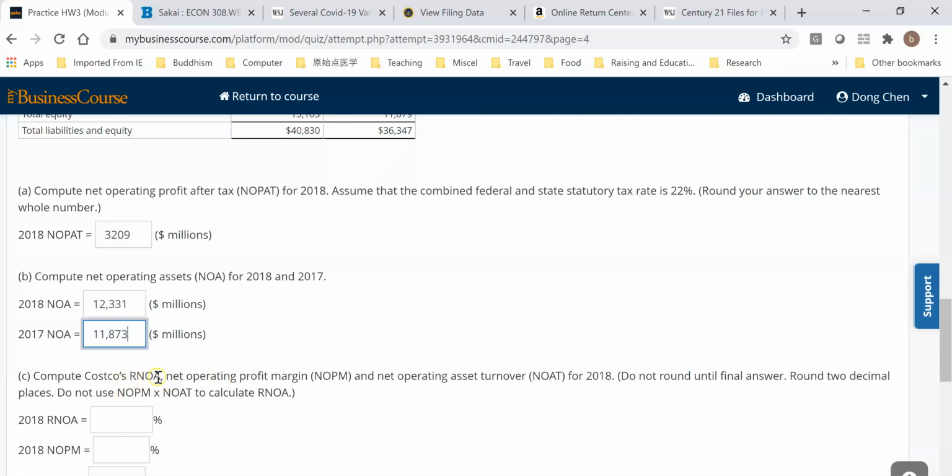Can compute RNOA, net operating profit margin, NOPM, and net operating asset turnover.